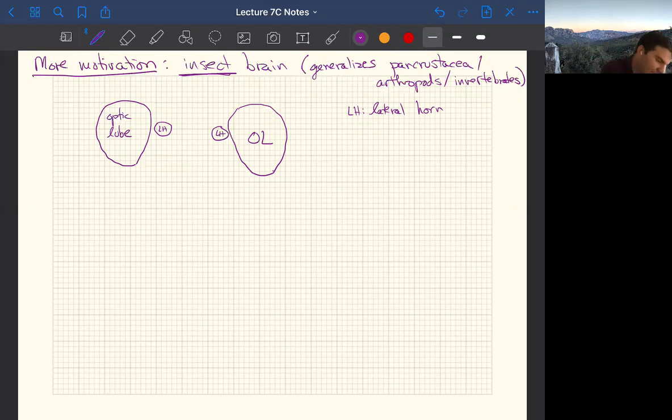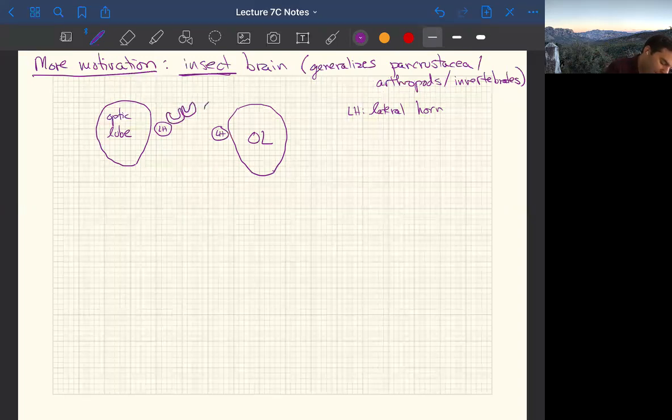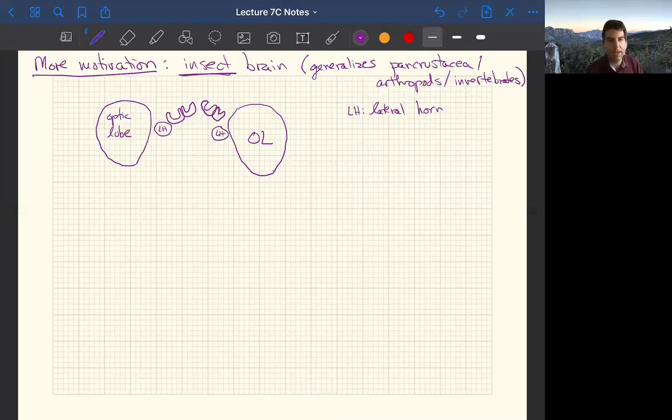Then there are these really cool and very important structures called mushroom bodies. They kind of look like inverted mushroom caps. You don't have to draw all this perfectly; I'm just giving you an image of what's involved here.